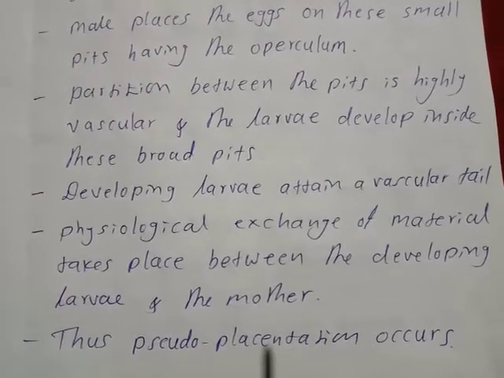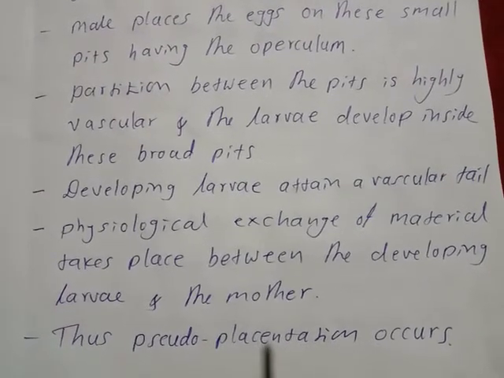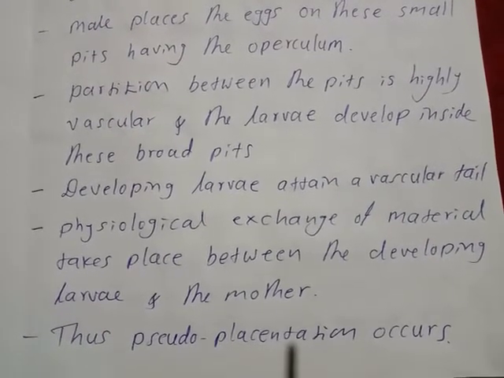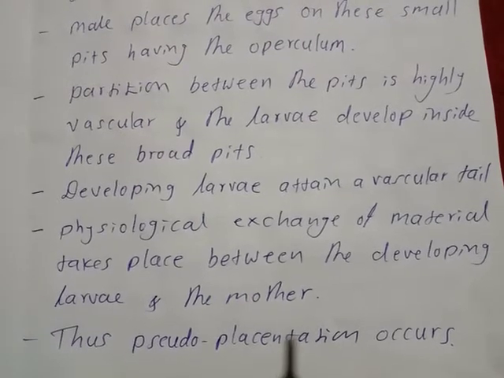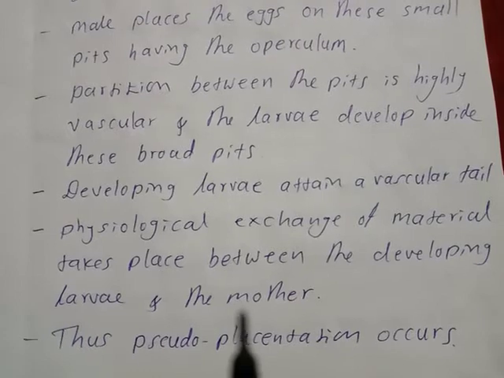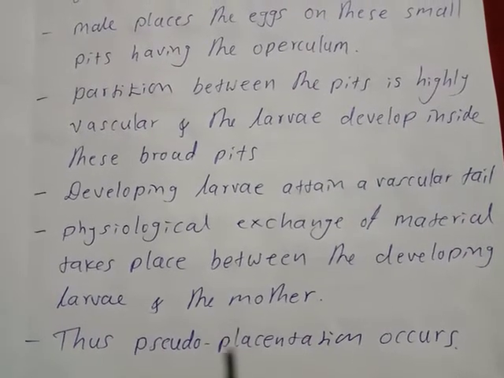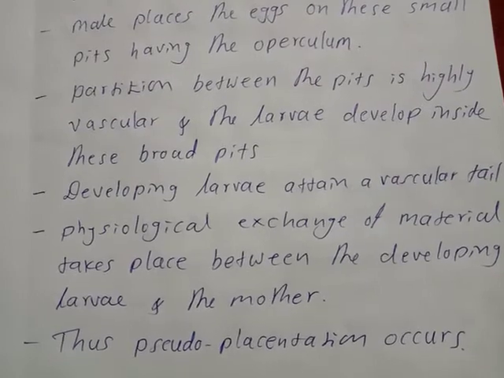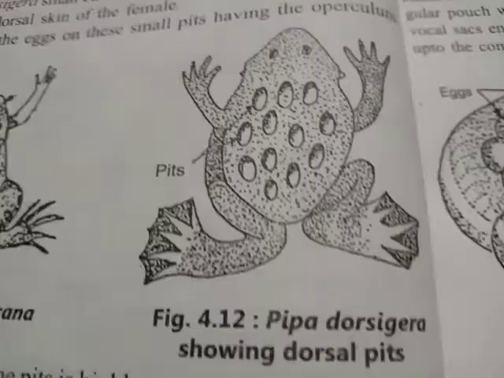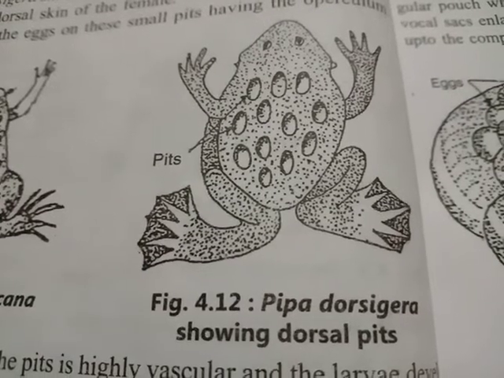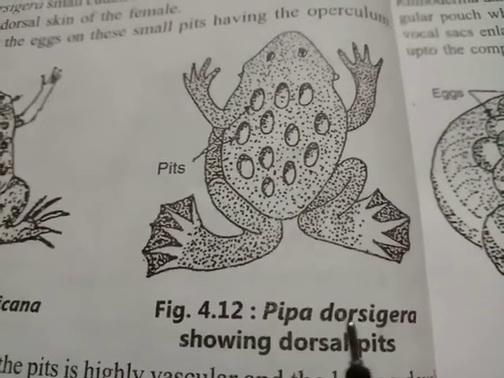That is, we observe in case of mammals there is a development of placenta, that is the connection between the baby and the mother. So in this way there is formation of the placenta, and that is nothing but the pseudoplacenta. You see the example, that is Pipa dorsifera.